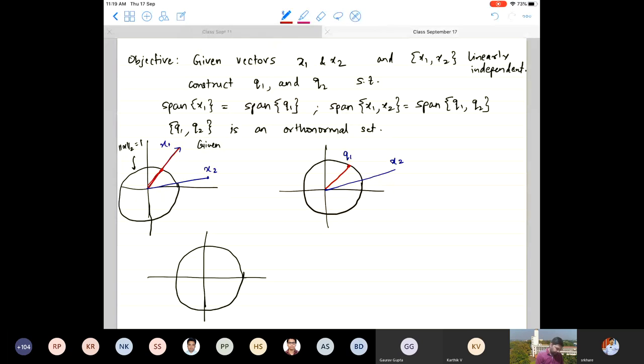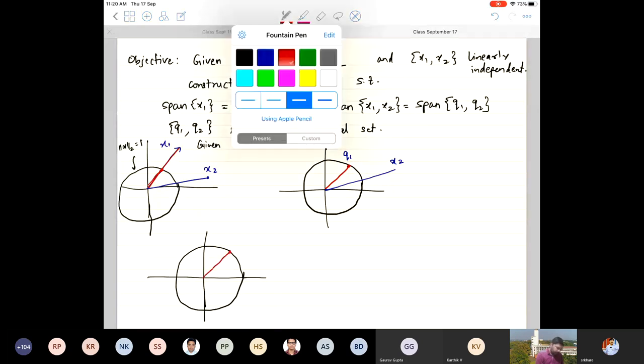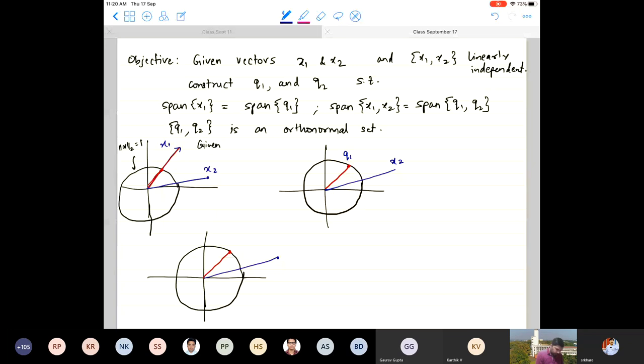So this is your q1, this is your x2, and I construct a vector. Let me see if I can draw this better.